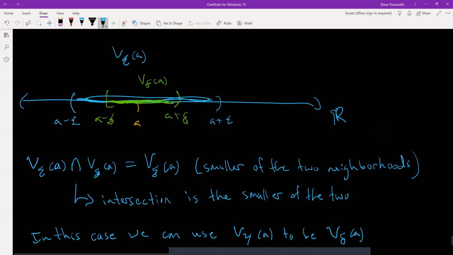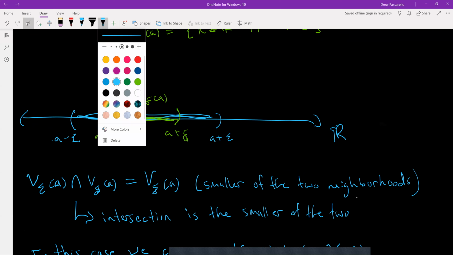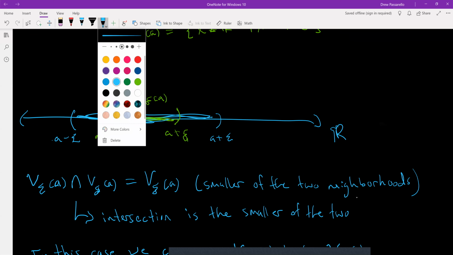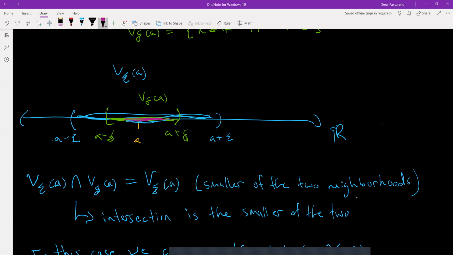Right, so our gamma neighborhood would be the same as the delta neighborhood, which is another neighborhood. And the idea is the intersection of the two neighborhoods is always the smaller neighborhood, which is a neighborhood.